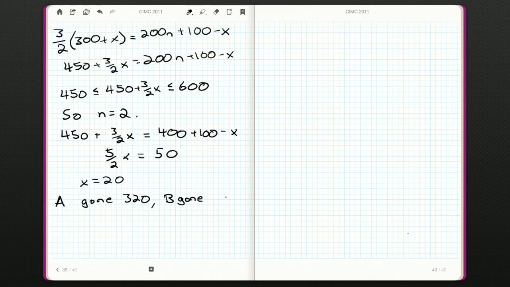So how far has B gone? B will have gone 500 minus 20, so 480. And if we check it out with our calculator, that one still also checks out. 320 divided by 2 multiplied by 3, we're still going to get 480. So we're looking good.